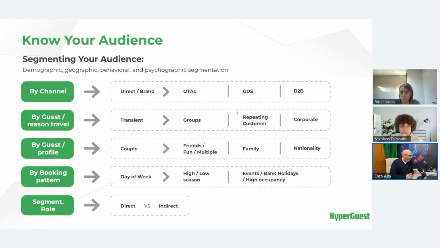And then this is very important, and this might represent a sub-segment for each of those segments: the booking pattern, when those bookings are landing, the day of the week, high or low season, during an event, a bank holiday, and so on.